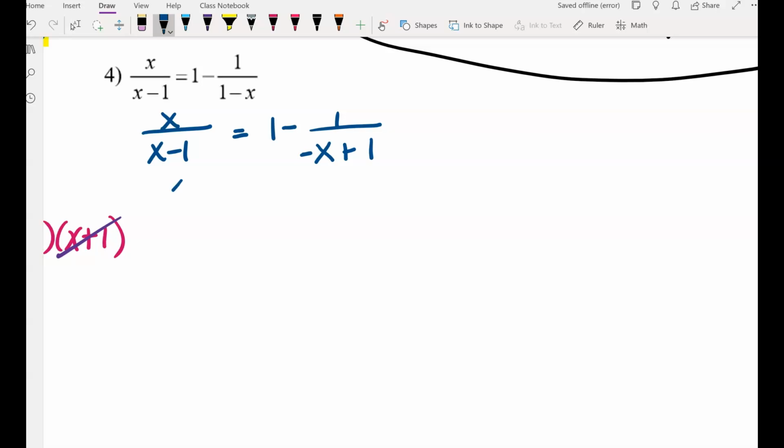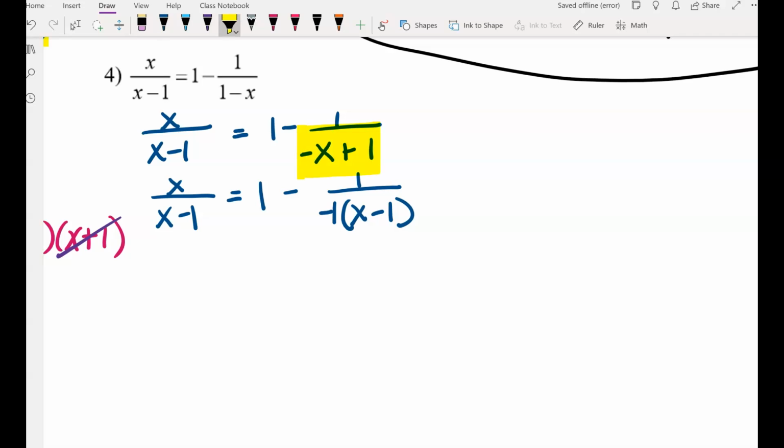Then from here, I like to have a positive leading coefficient. That means whatever the first number is, I want it to be positive. So I'm going to factor out negative 1. If I factor out negative 1, I now have a positive x and a minus 1. So when you factor out a negative 1, you would have an x minus 1.